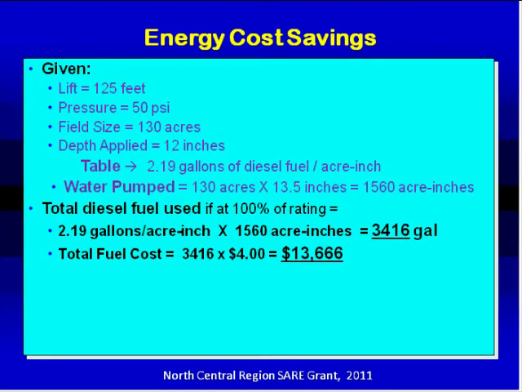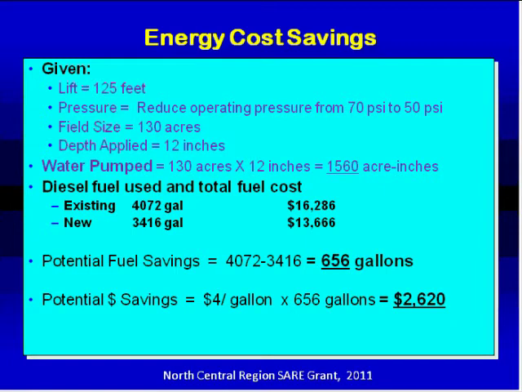So we do the same math we did before, and we come up with our 1,560 acre inches. We multiply the 2.19 by our 1,560, and we come up with our 3,416 gallons of diesel fuel in this particular case. And finally, if we multiply by the cost of fuel, you can see that we're at $13,666 to pump this water on an annual basis.